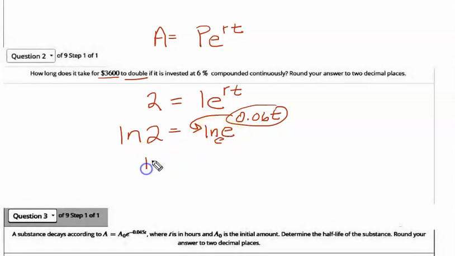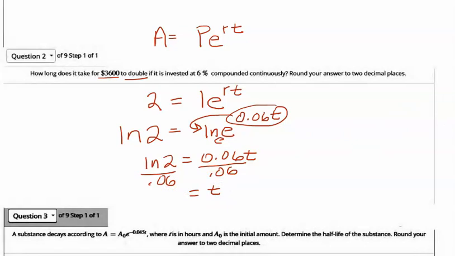So this becomes the natural log of 2 is equal to 0.06 t. And again, we're going to solve this very much like we did the earlier one. Divide both sides by 0.06. And that should give us what t is.